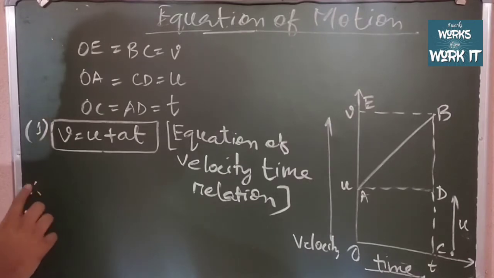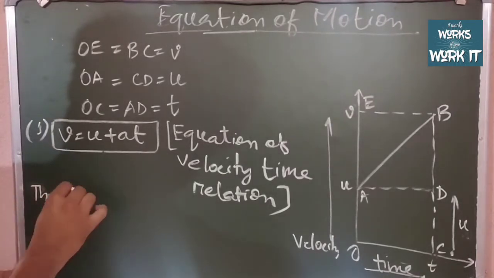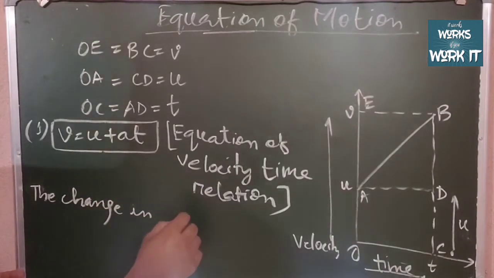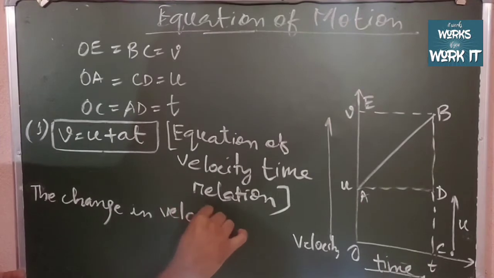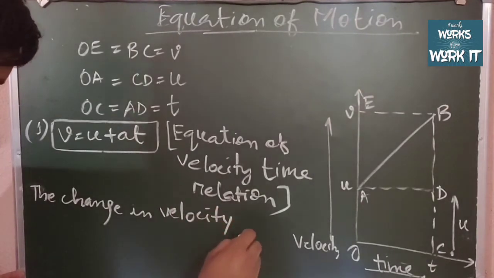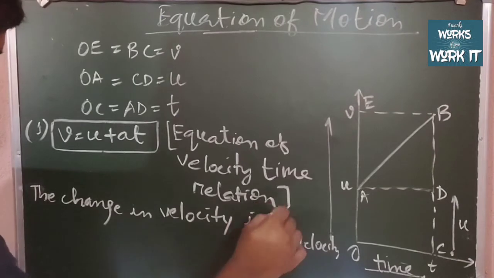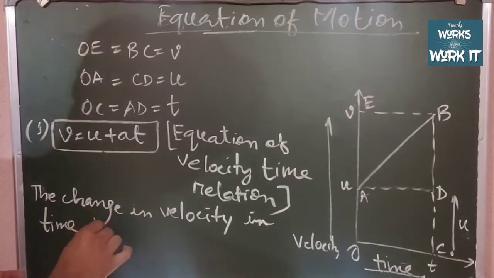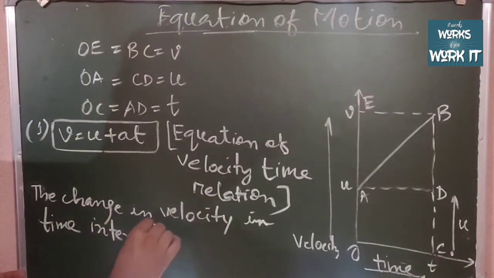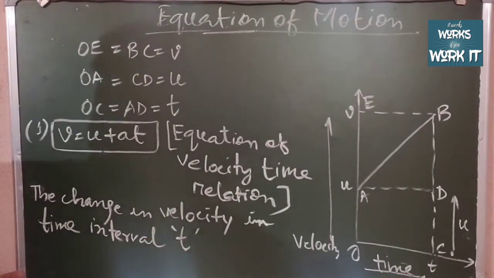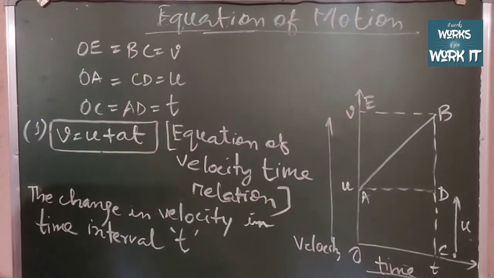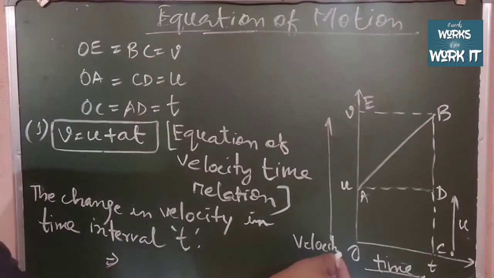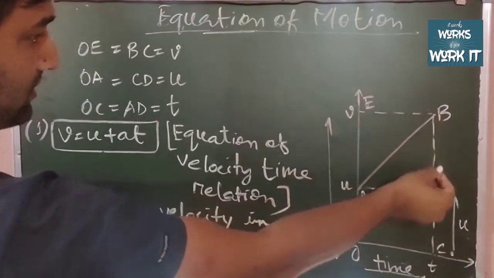Here we will start from the change in velocity. We have talked about this in the earlier class. If you see the diagram, the change in velocity in time interval t, where is it?